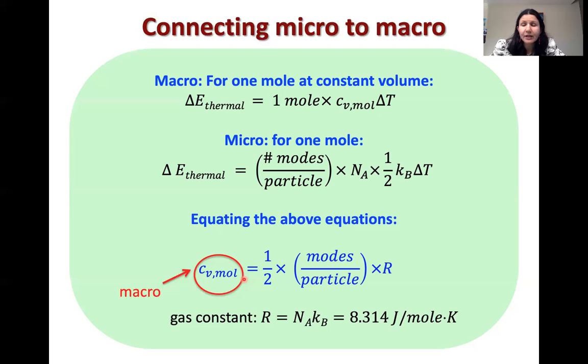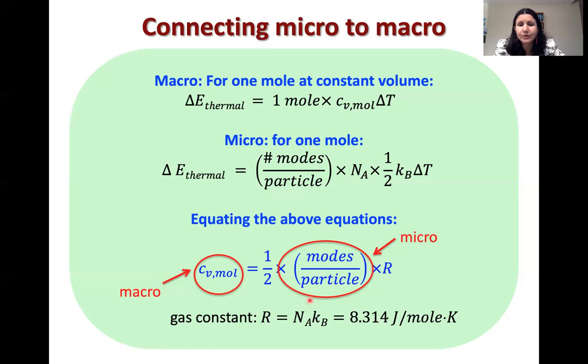All we needed to do is go to some lab, heat it up, measure how much energy we put into our system, measure the temperature change, and collect some data, and that would give us this specific heat. But now we have an equation that connects this in a very simple way to the atomic picture of how this energy is being distributed in these atoms or molecules, depending on how they can store this energy.